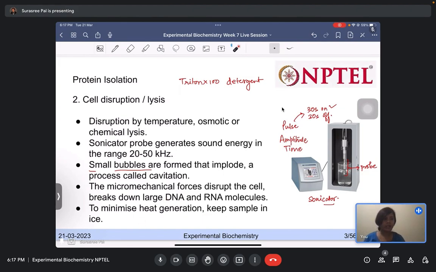We do not want our proteins to become heated, because it will destabilize the protein structure, or it can cause aggregates of the protein. So to minimize this heat generation, we usually keep this sample in an ice bucket, so there is less heat generation. And also this is a soundproof chamber.